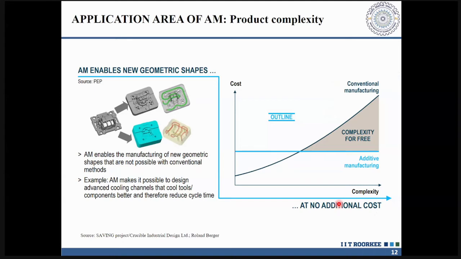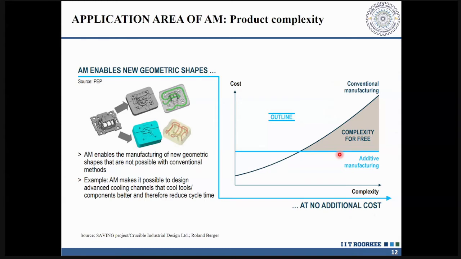But when you talk about additive manufacturing, provided you work within the specifications of that particular machine, there is no extra cost that you need to invest. There is no tooling cost, not at all. There is no tool over here; it is toolless manufacturing, free form manufacturing.